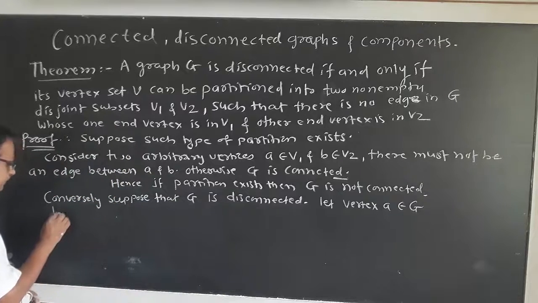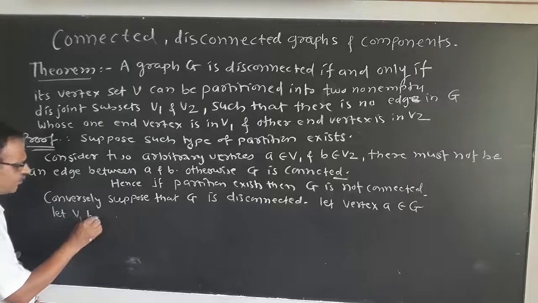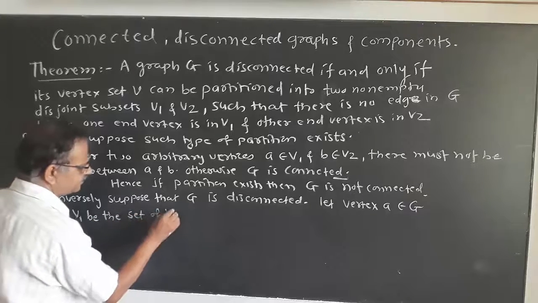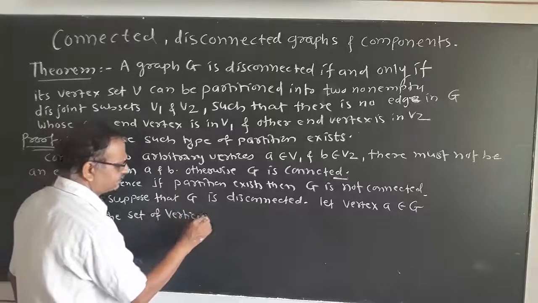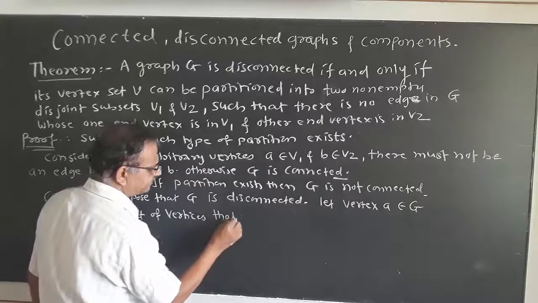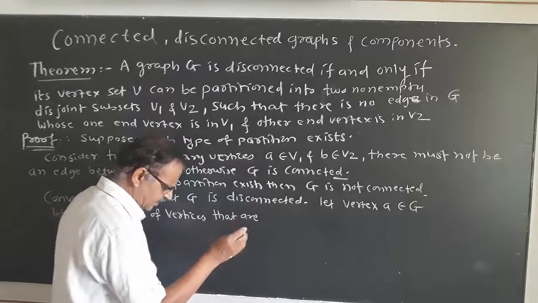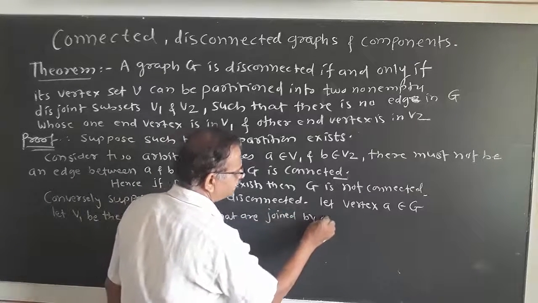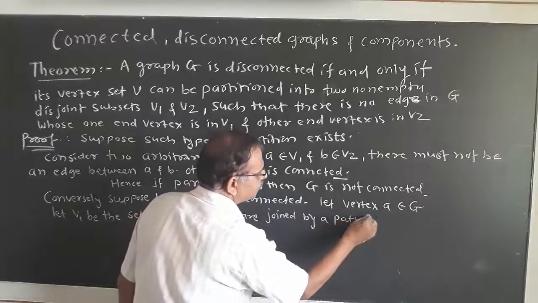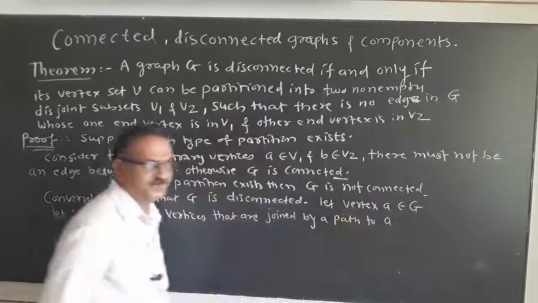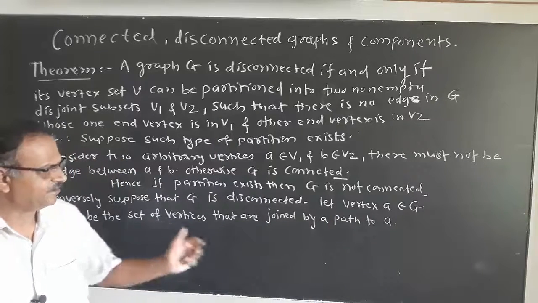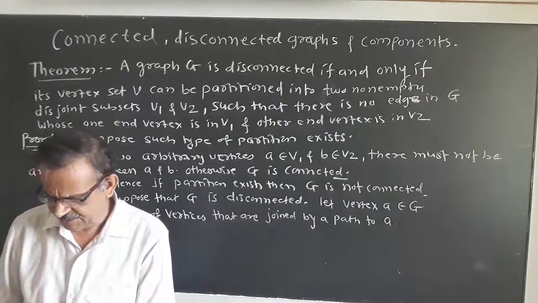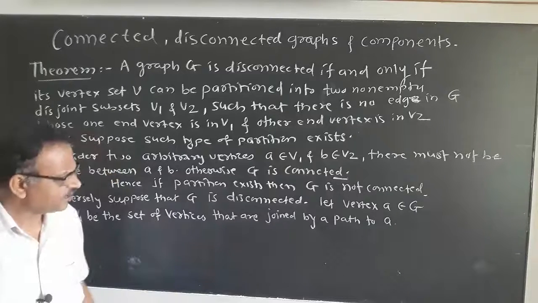Let V1 be the set of vertices that are connected or joined by a path to A. The vertices which are connected by a path to A are considered in a component, and that component is called V1. Now what happens?